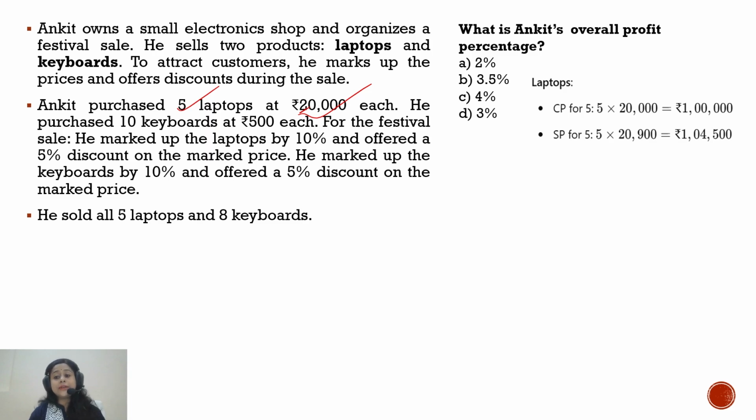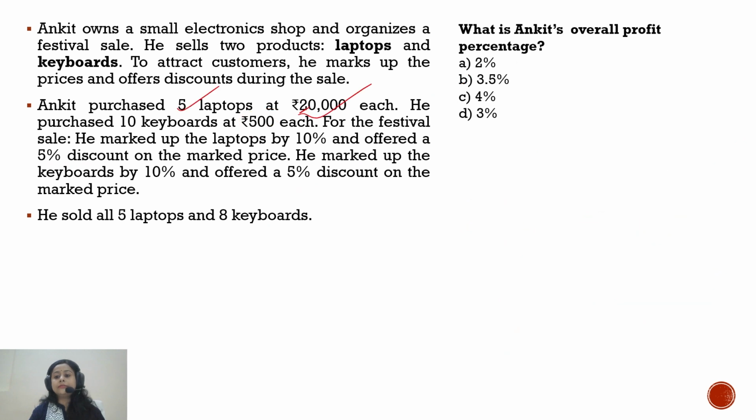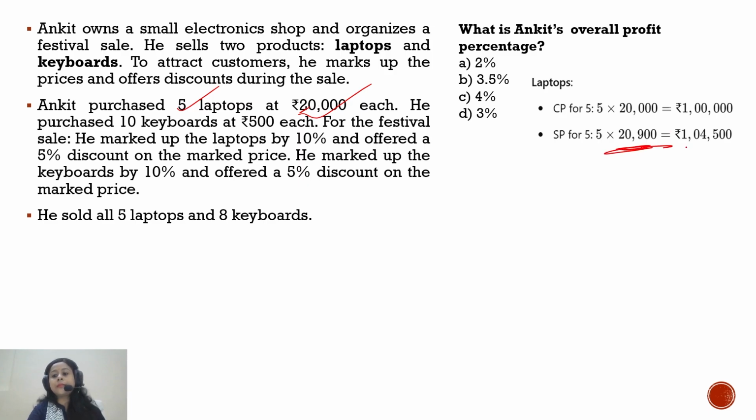And what is the selling price? For each laptop, we have already found this out. So the selling price of each laptop after discount was 20,900, right? So directly we will take it here. 20,900 into 5, because he has sold 5 laptops here.